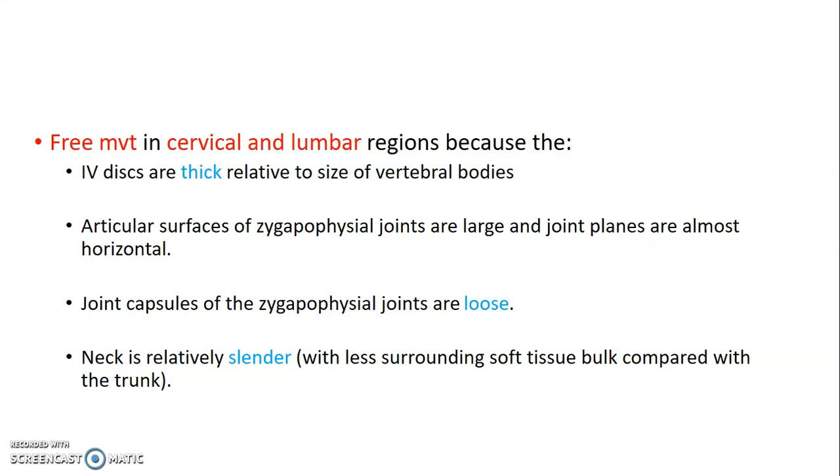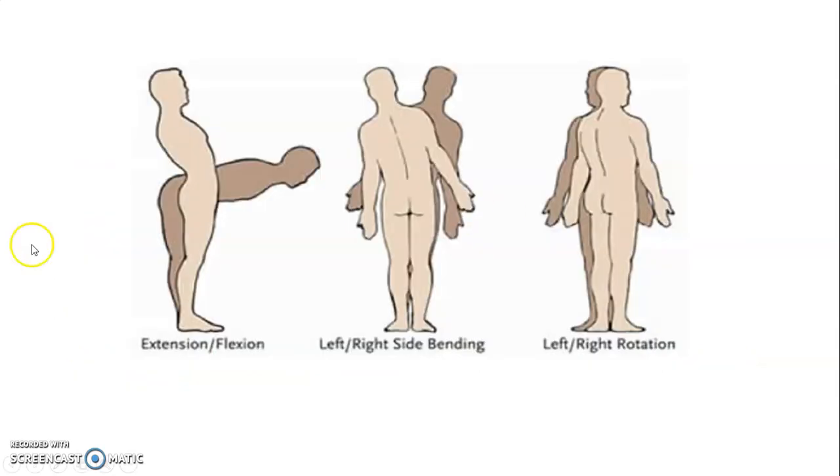So those are the four reasons, if you are asked why there is high free movement in the cervical and lumbar region: thick IV discs, horizontal zygapophyseal joint surfaces, loose joint capsules in the ZP joints, and the neck has less soft tissue bulk. This image shows extension and flexion of the column, right bending and left bending, and the rotation.